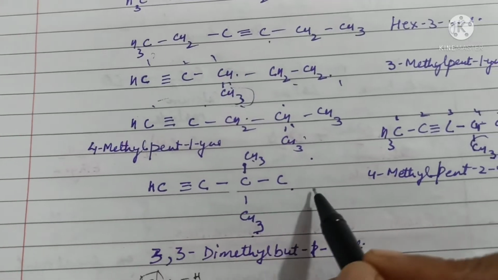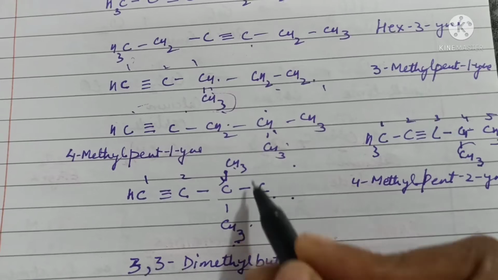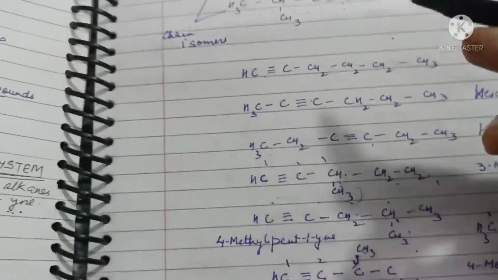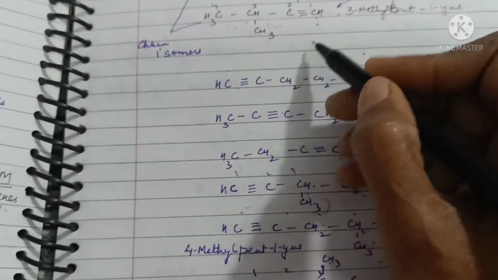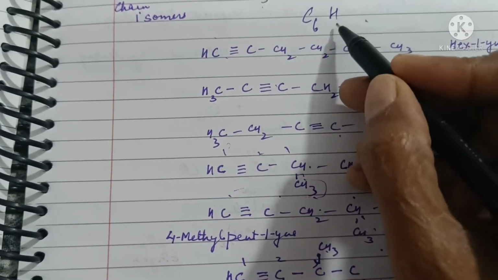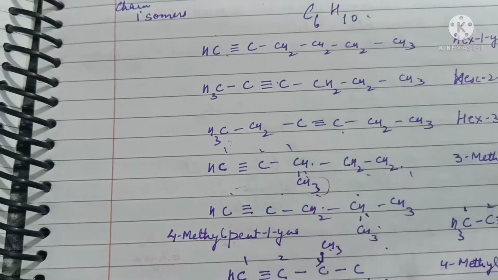Then we can have a 4-chain. So structure 1, 2, 3. 3,3-dimethylbut-1-yne. So these are the different isomers of the formula C6H12 minus 2 is 10, C6H10.